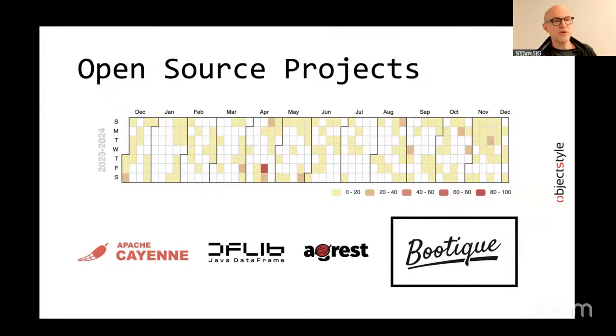It's the same data that is used to render the green tiles for activity, but it's rendered via DFLib, via DataFrames and Apache charts. So that's just something cool I wanted to mention.